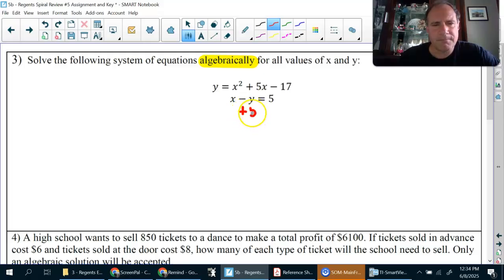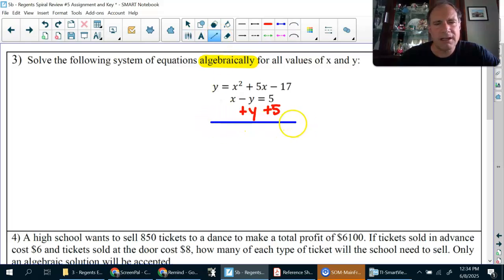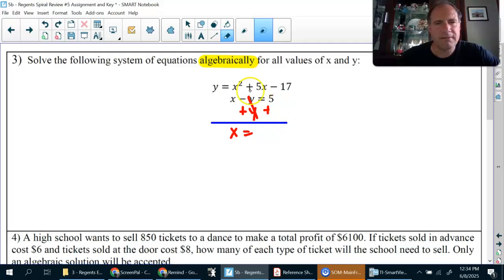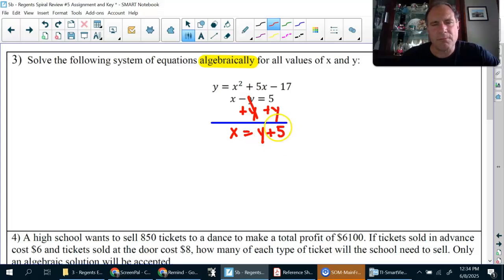All right, so I'm going to add this y over onto this side because it's a negative y right now, and I don't want a negative y. I just want a positive y. So this cancels. It's x equals y plus 5. And to solve for y, it's pretty easy. You subtract 5 on both sides.